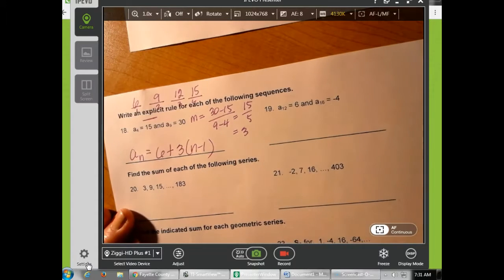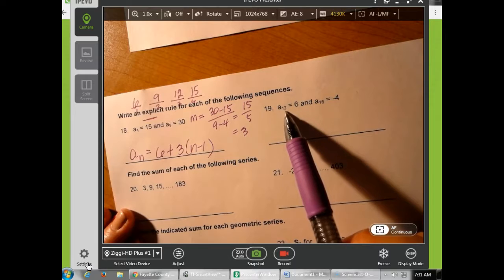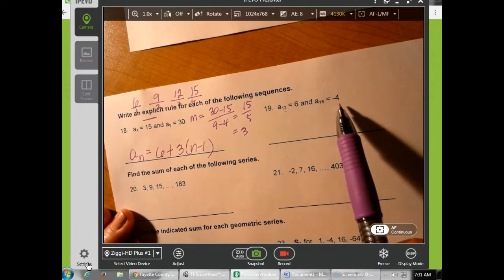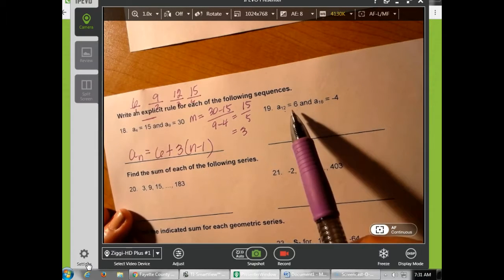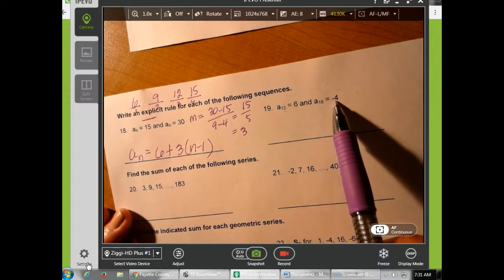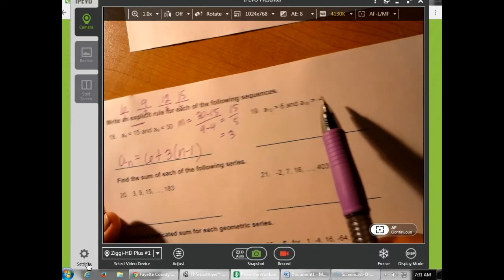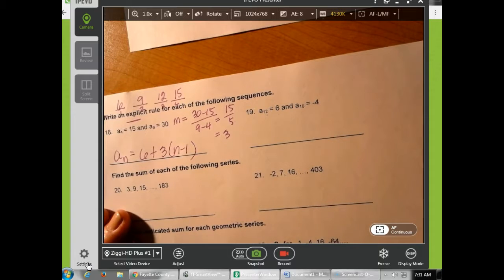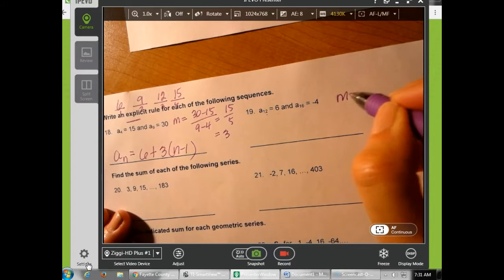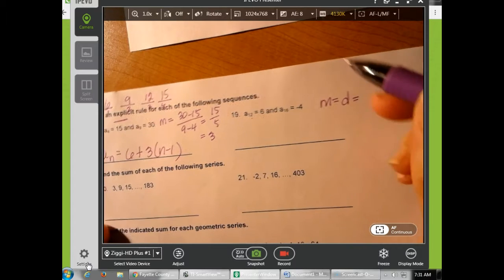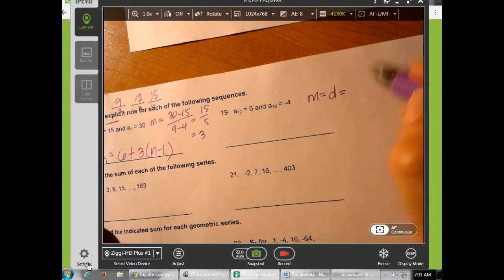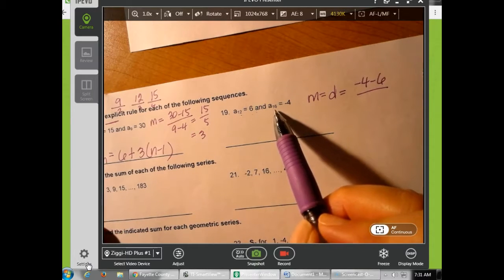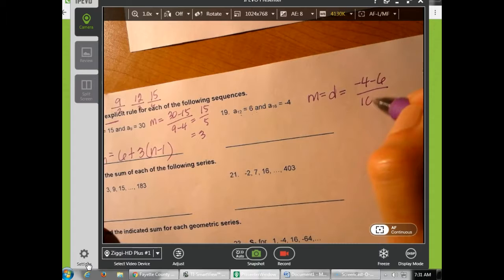Okay. The next one, a sub 12 is 6, and a sub 15 is negative 4. So you can see this is kind of going down in value, so it's going to be a subtraction, or the common difference will be negative, if you want to think of it like that. So again, my slope formula, which is really just my common difference, is going to be negative 4 minus 6, and then I'm going to have 15 minus 12.